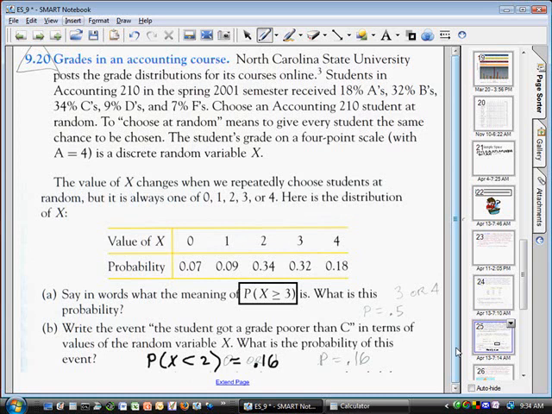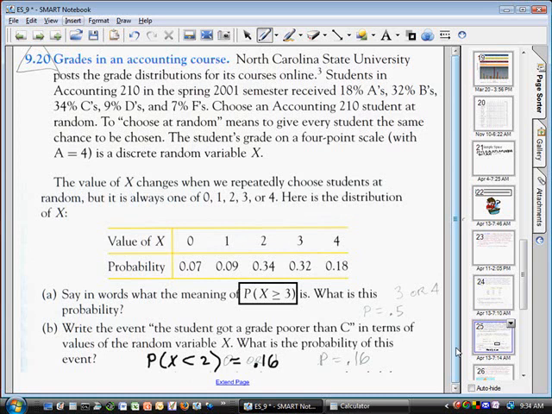Okay. A. Say in words what the meaning of this is. I purposely didn't read it because, what does this thing in the rectangle say? How do you read that? Right, the probability that x is greater than or equal to 3. What is this probability based on the distribution?